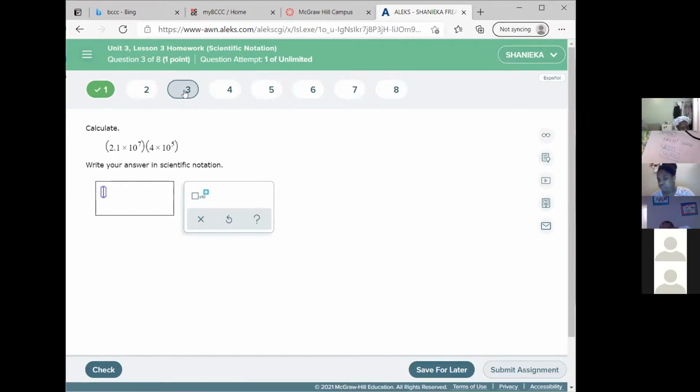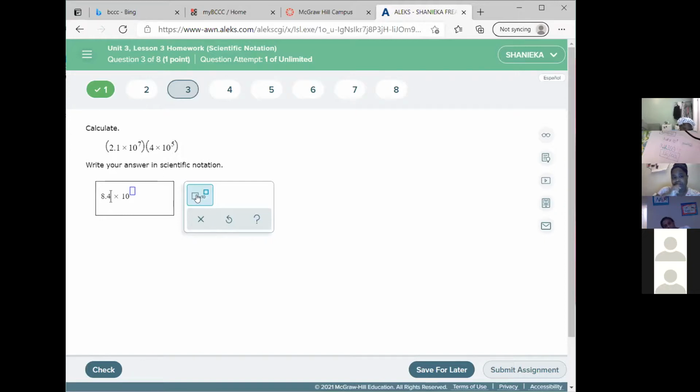8.4. Okay, now what I want you to do is click on the box right above the X like you did before. Okay, good. So we're gonna type in 8.4. So we multiplied the 2.1 times the 4. Now, what should we do with those exponents?